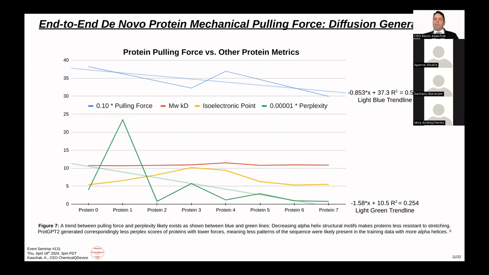It makes sense that perplexity goes down for all of these 8 proteins, starting with 0, as the pulling force goes down, because pulling force is heavily associated with alpha helices. As there are less and less of them, there's less perplexity, just because it's harder to base off of that original training data.